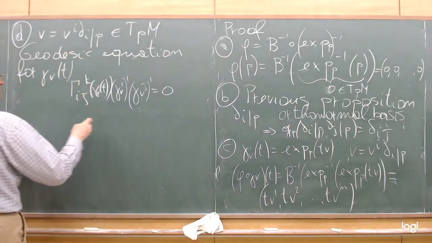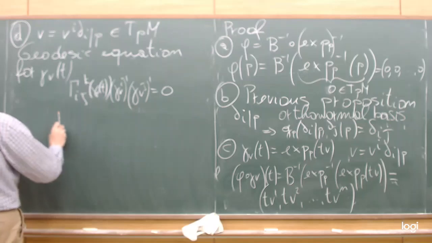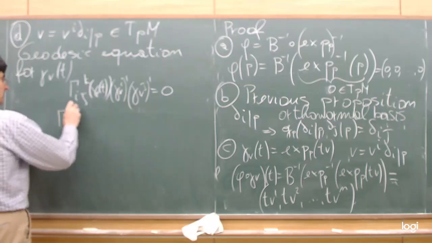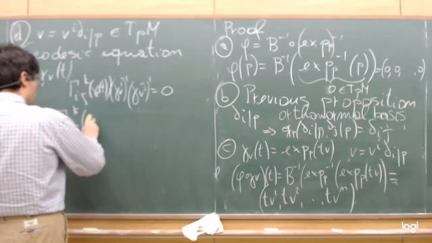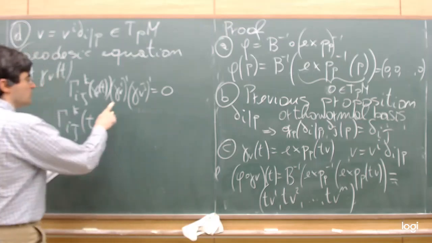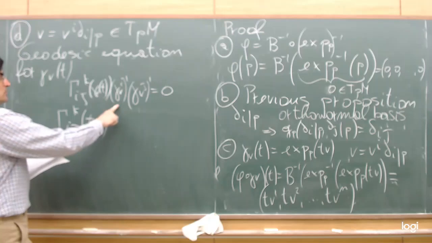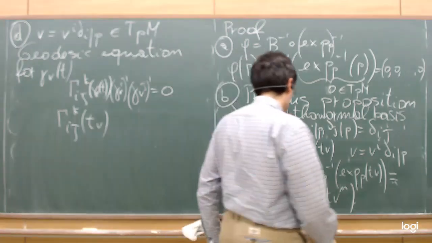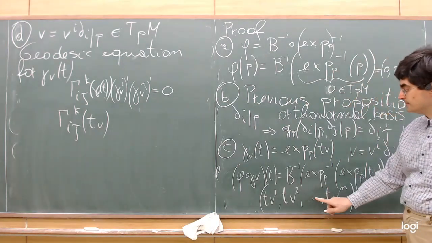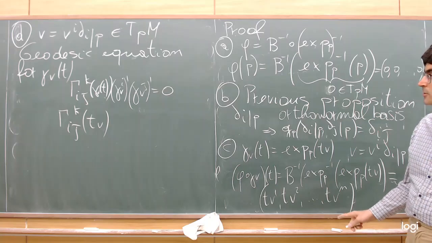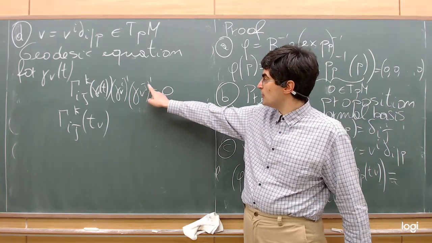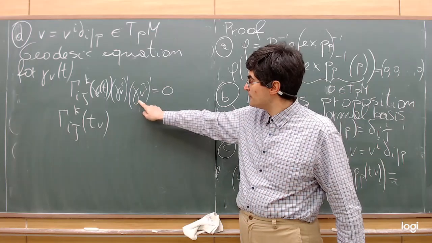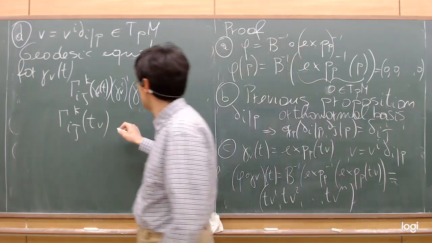And this is equivalent to say that Gamma^i_jk(tv), the derivative with respect to t of the ith component is just v^i, and similarly the derivative with respect to t of gamma_v^j is v^j.